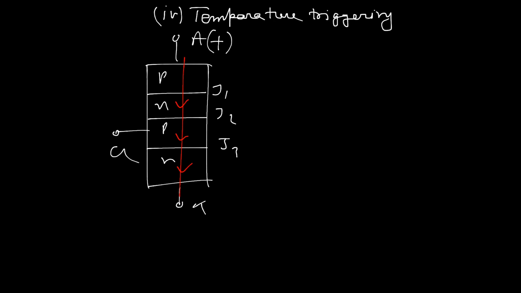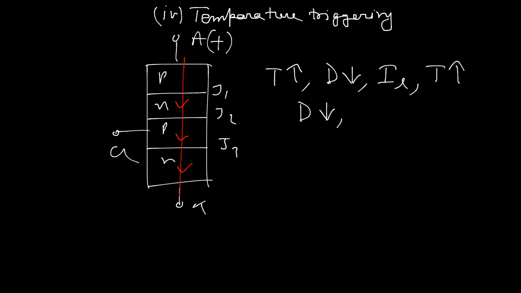So we can conclude, if the temperature is increased, the width of the depletion layer decreases. That means it increases the leakage current, right? If the leakage current increases, then again the temperature will increase. If the temperature increases again, then again the depletion layer is reduced.